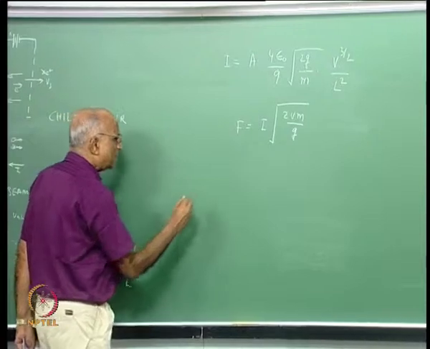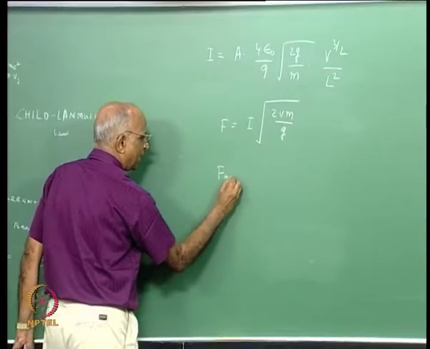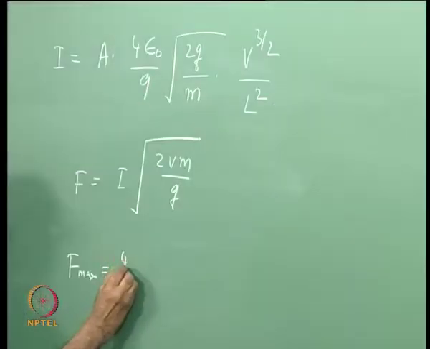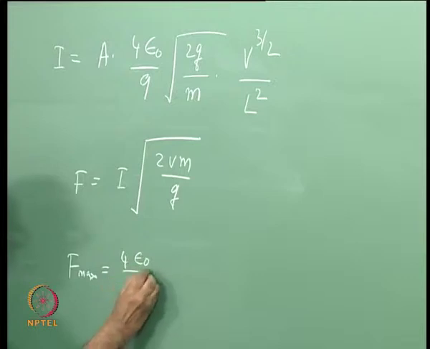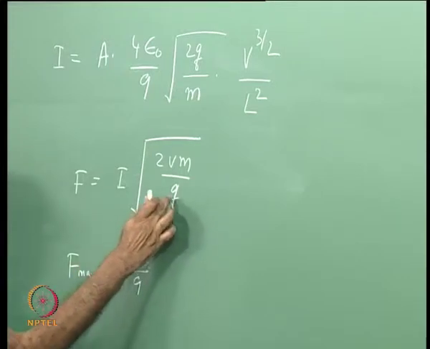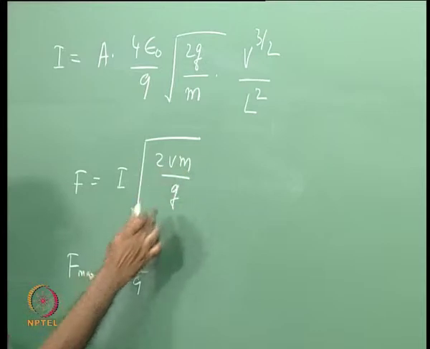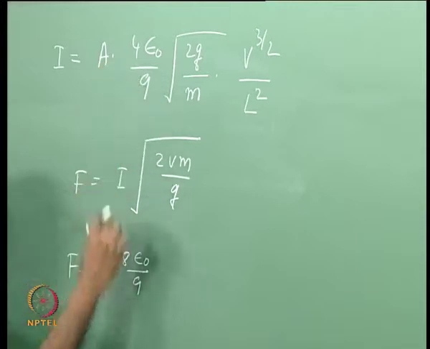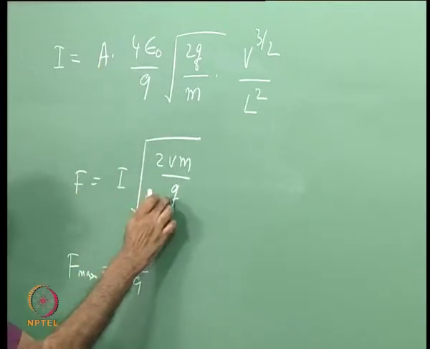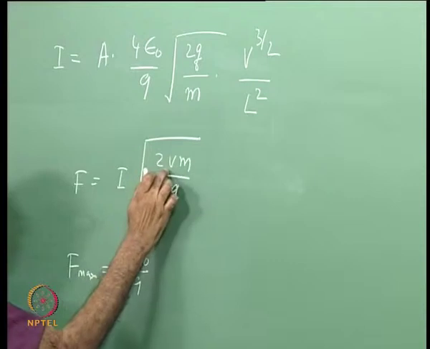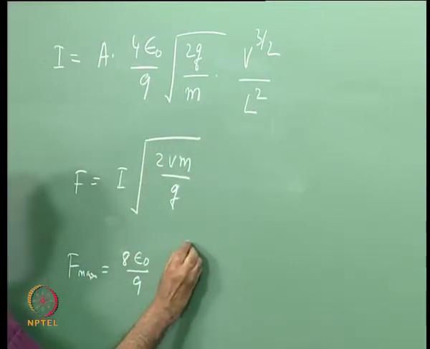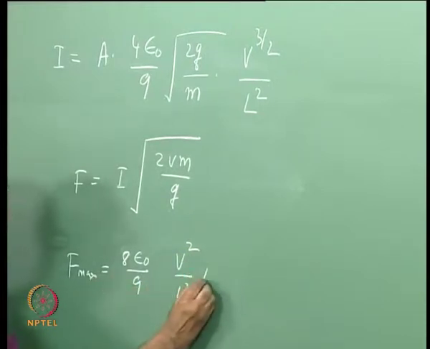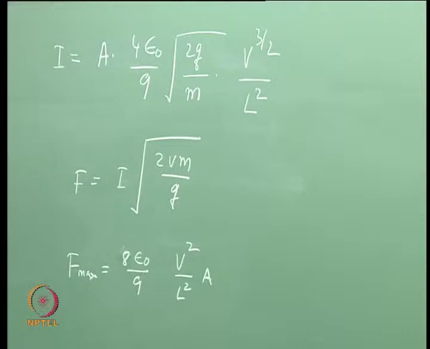Therefore, for the maximum thrust which an ion rocket can develop, I substitute the value of A here, I get 4 permittivity divided by 9, 2q by m, and therefore this becomes 8 over here, because I have 2 coming here, 8 E0 by 9, and q by m and q by m cancels off, voltage to the power 3 by 2 is equal to V to the power square divided by L square into the value of A, which is the maximum thrust which is possible.